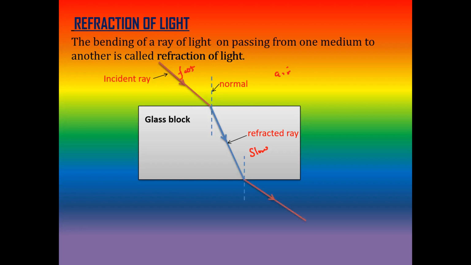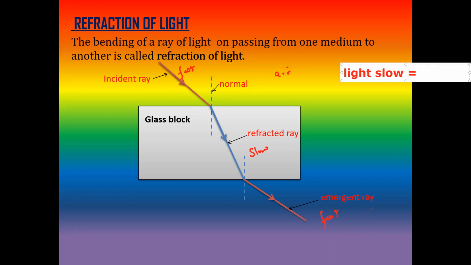And when it moves from the glass block to air, that is called the emergent ray, and then again it becomes fast. So when the light becomes fast, it will bend away from the normal. So remember this: when the light slows down, it will bend towards the normal.